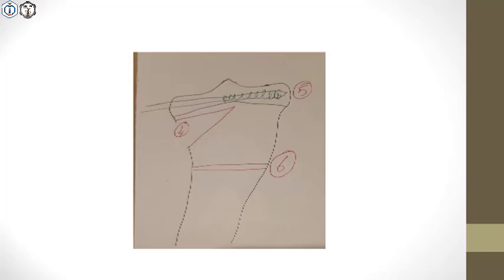The next step is to do the metaphyseal osteotomy, and it has to be as metaphyseal as possible, maybe 1.5 to 2 centimeters distal to the first osteotomy, in order to stay in the metaphysis as much as possible for better healing.